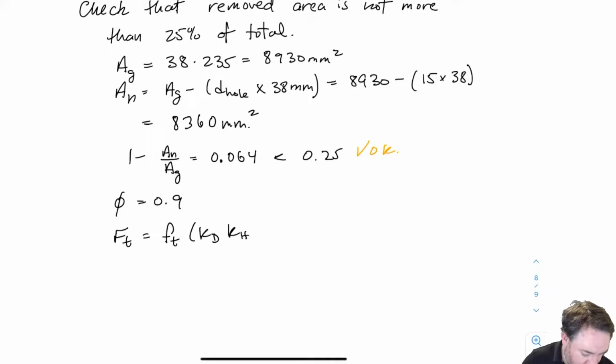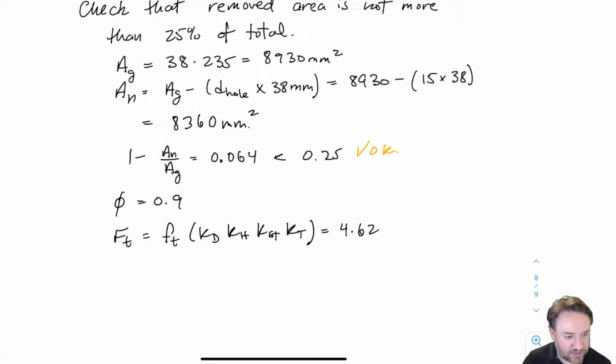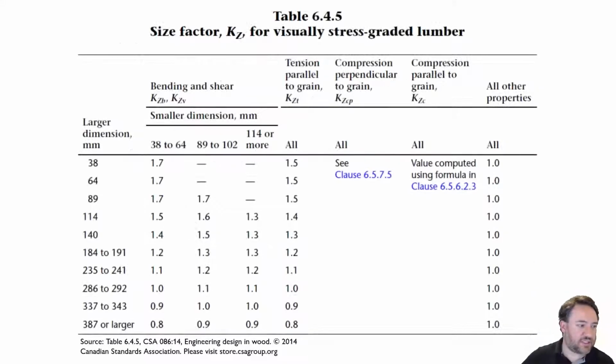So it's just net area times our tension strength times a size effect factor. Okay, we find our modified tension strength, capital FT. Our size effect factor, which we're going to get from our size effect factor table, which maybe we haven't seen in some time.